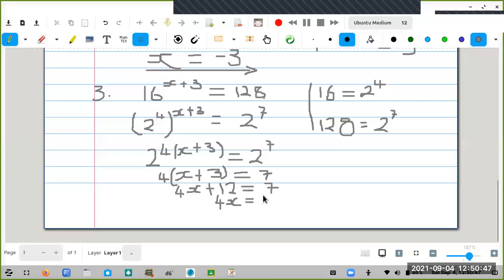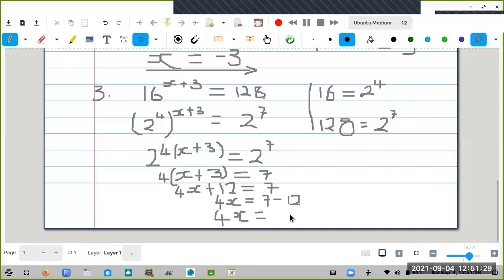Then it becomes 7 minus 12. Remember, when we are transposing a full term, the additive inverse that we will use there is negative 12, because we are transposing positive 12. So it becomes negative. Which means now that 4x on the left-hand side is now equal to 7 minus 12.